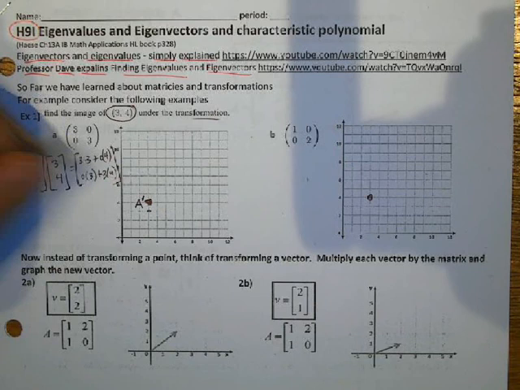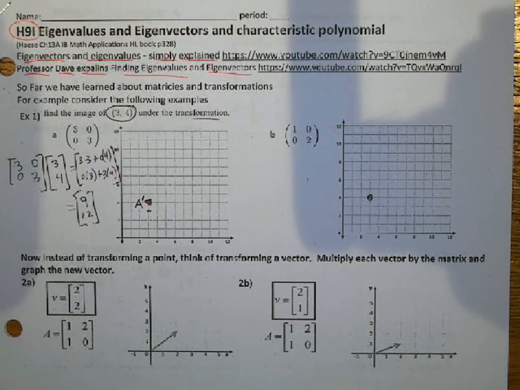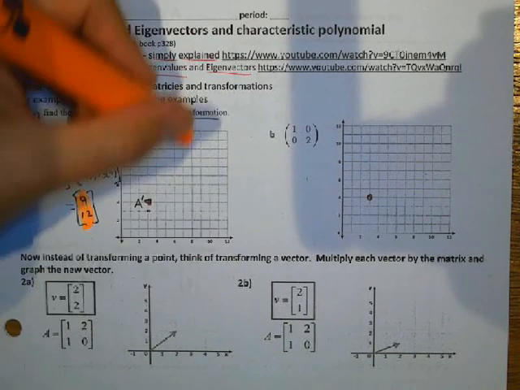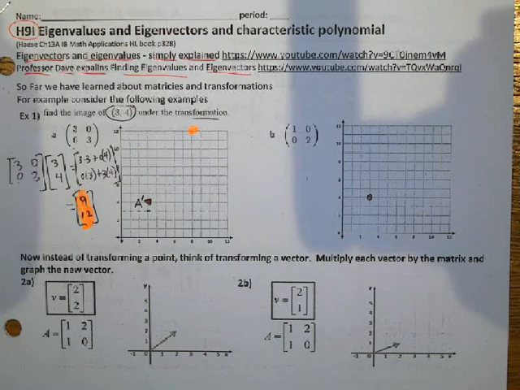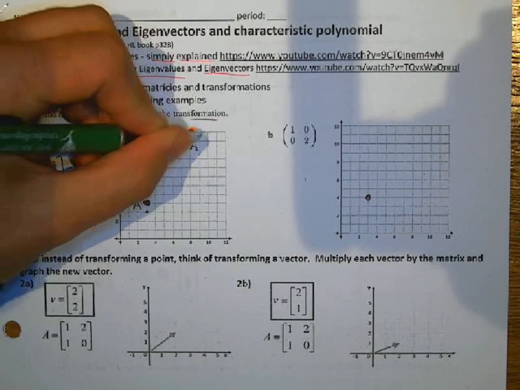And so I get 9, 12. So my new point 9, 12 goes over 9, up 12. Okay. And I'll call that A prime.